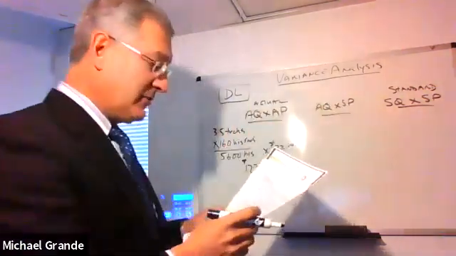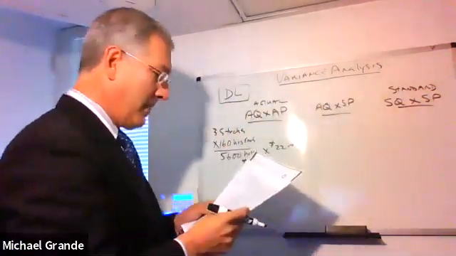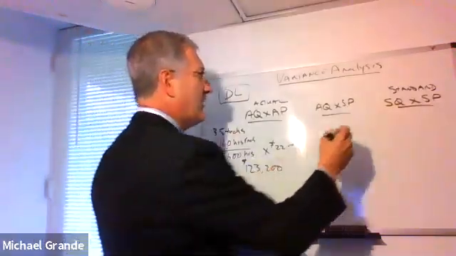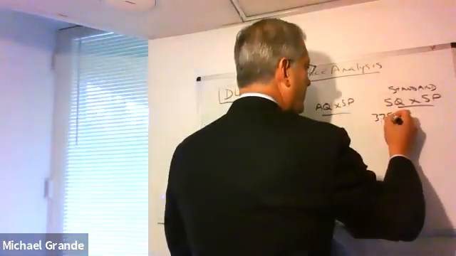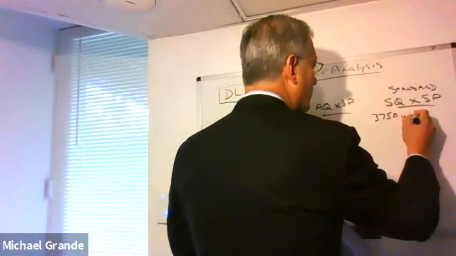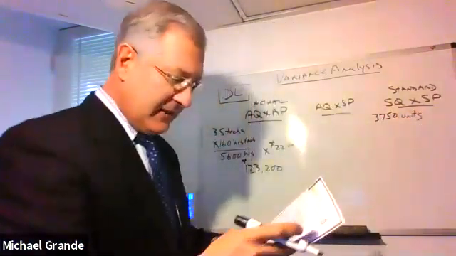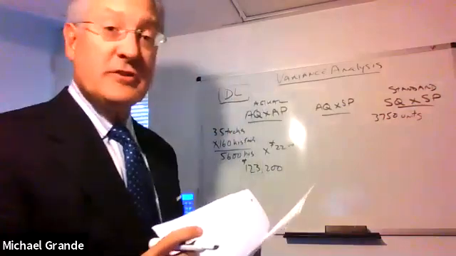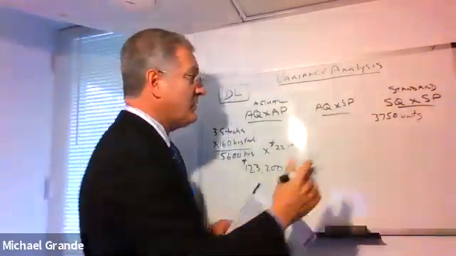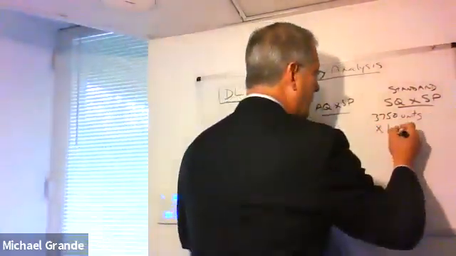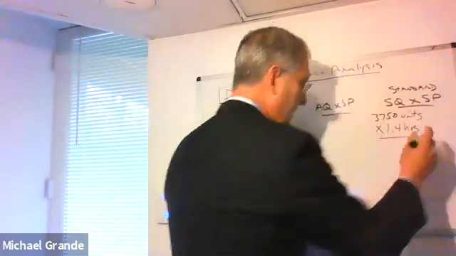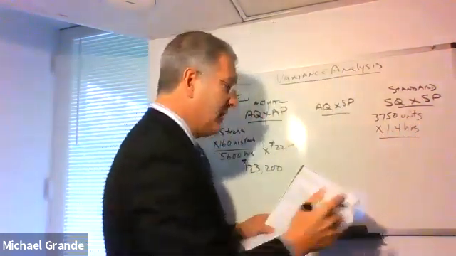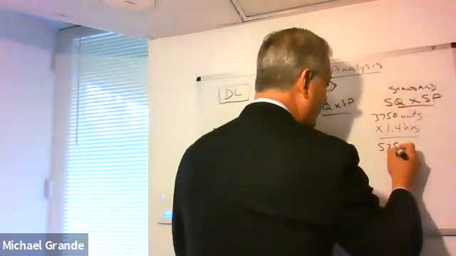Let's go to the standard side. Remember, the actual output was 3,750 units. The standard cost card says that it should take 1.4 hours per unit. So times 1.4 hours, they should have used 5,250 hours.